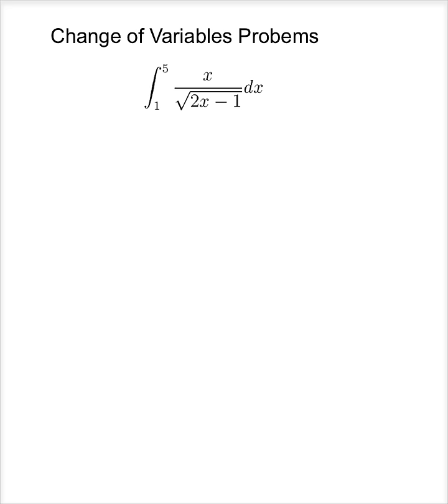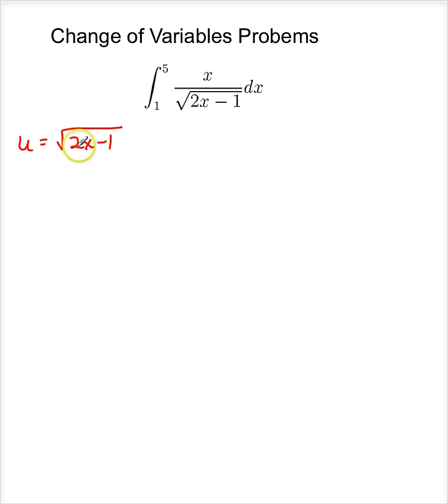Now, here's another change of variables that you need to pay careful attention to. Suppose I'm looking at the integral from 1 to 5 of x divided by the square root of 2x minus 1 dx. To evaluate this integral, let's let u equal this entire square root.